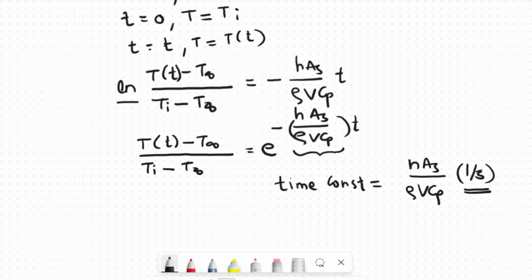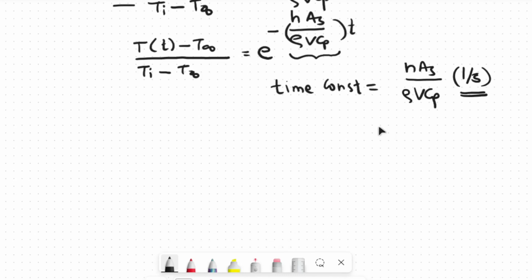Now friends, we have found the relation for the temperature distribution inside the body at different times. This equation can serve two purposes.